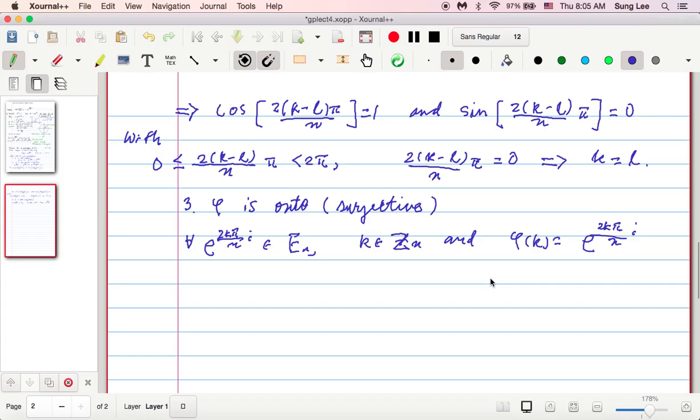So it is onto. So from these, phi is a bijective function.